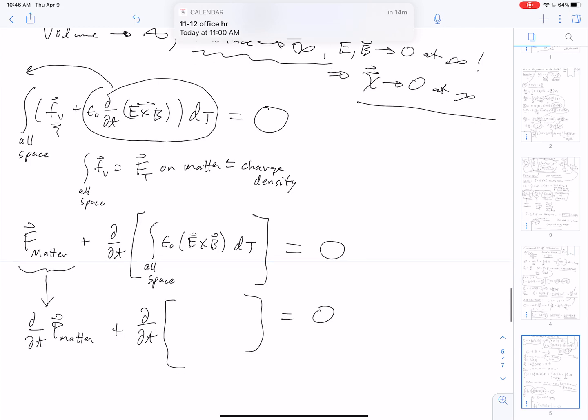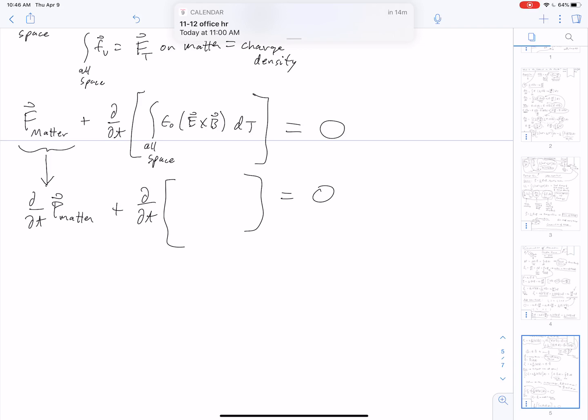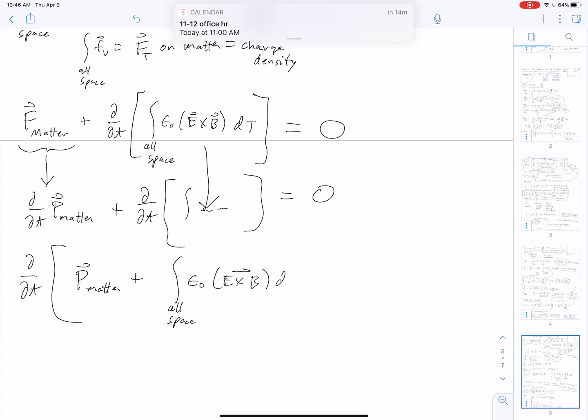And so then what I can do is simply take the time derivative out, and I can write that this equation is the time derivative of this p matter plus the integral over all space of epsilon naught E cross B d tau equals 0.